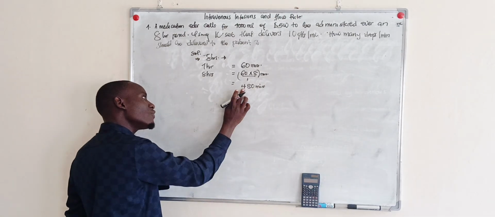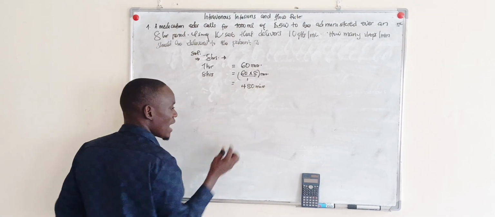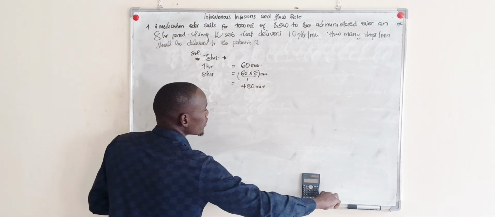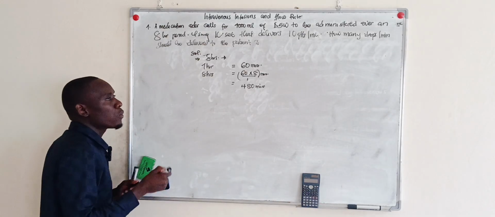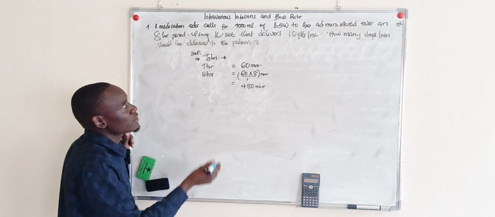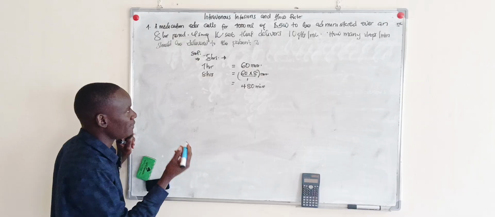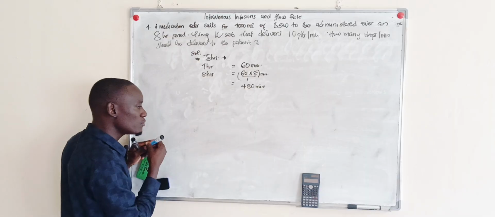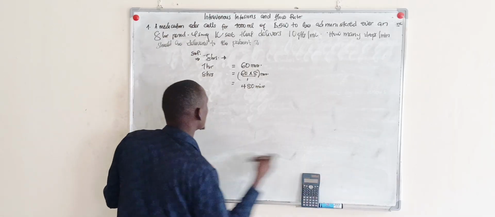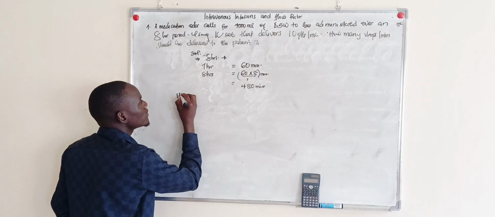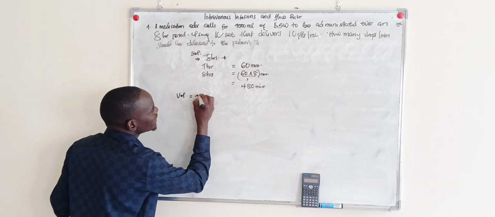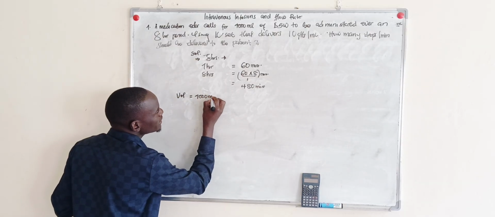So if we have 480 minutes, our main aim here is to determine at what flow rate this fluid will be run. They have given us the volume as 1,000 mL.